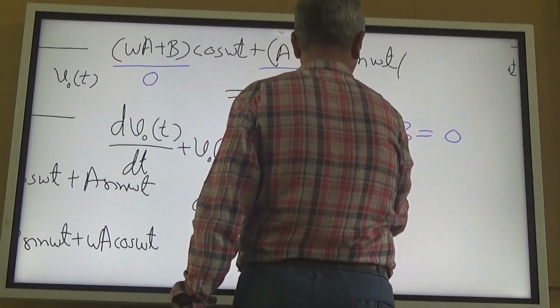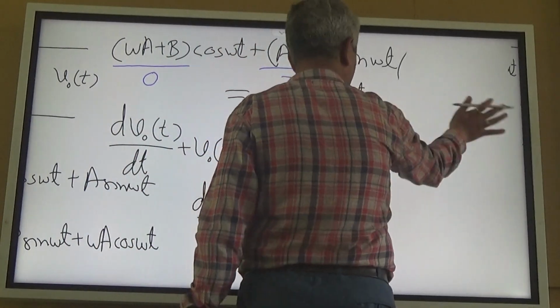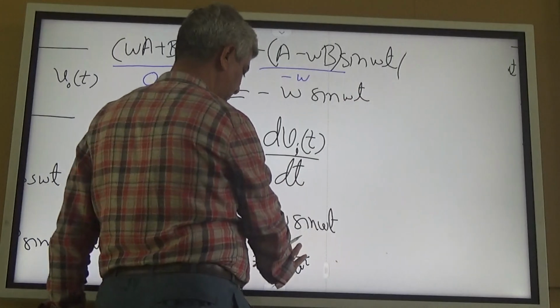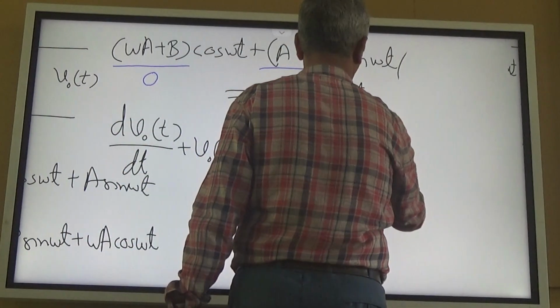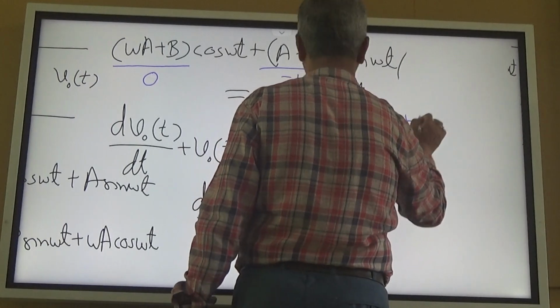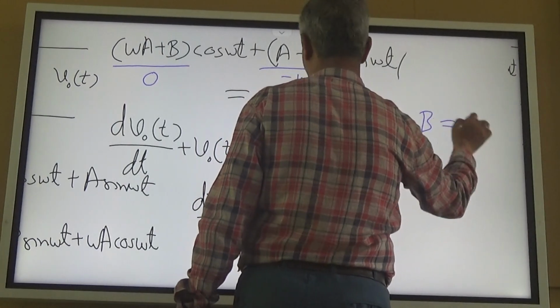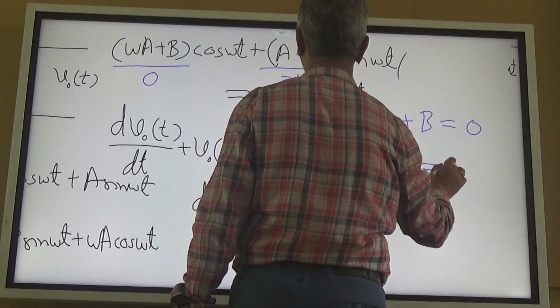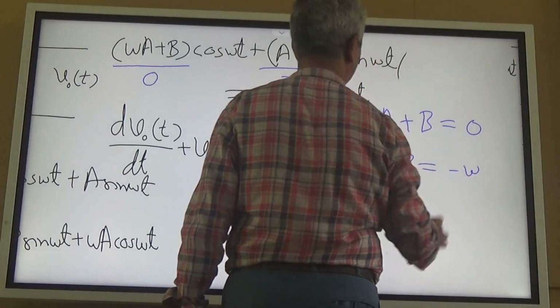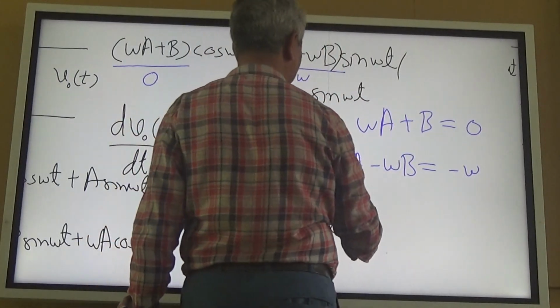And so I think everything was right. Only thing is that B, for those who might not get it immediately: omega A plus B equal to 0 and A minus omega B equal to minus omega. So from there what have we got?